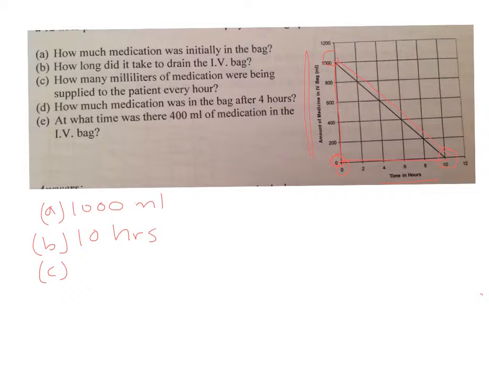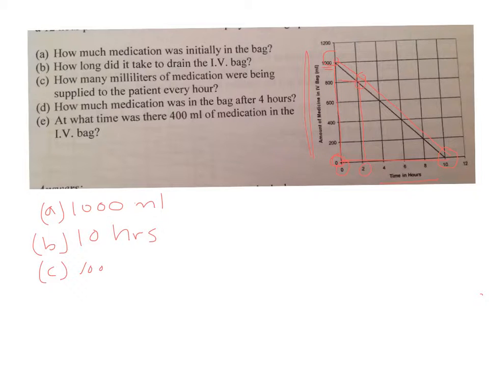How many milliliters of medication are getting supplied to the patient every hour? Well, if I take a look, at the very beginning, the patient has 1,000 milliliters in the bag. Okay, so what's our next time? Our next time is 2 hours. At 2 hours, how much medication is in the bag? Here. At 2 hours, there's 800 milliliters of medication in the bag.